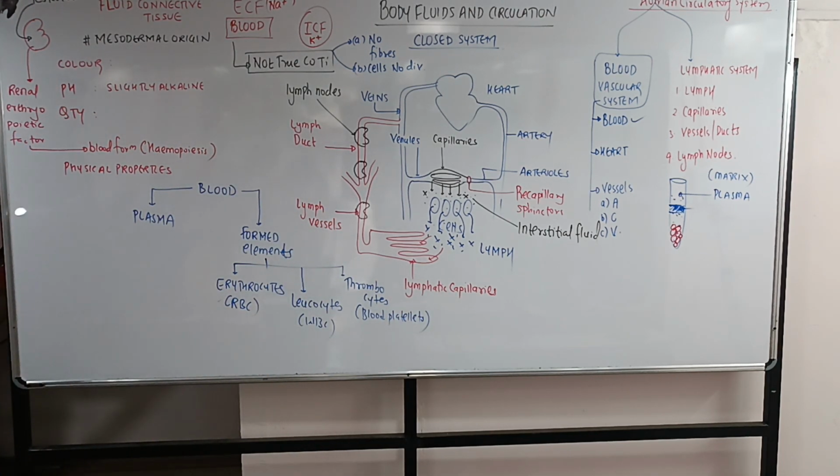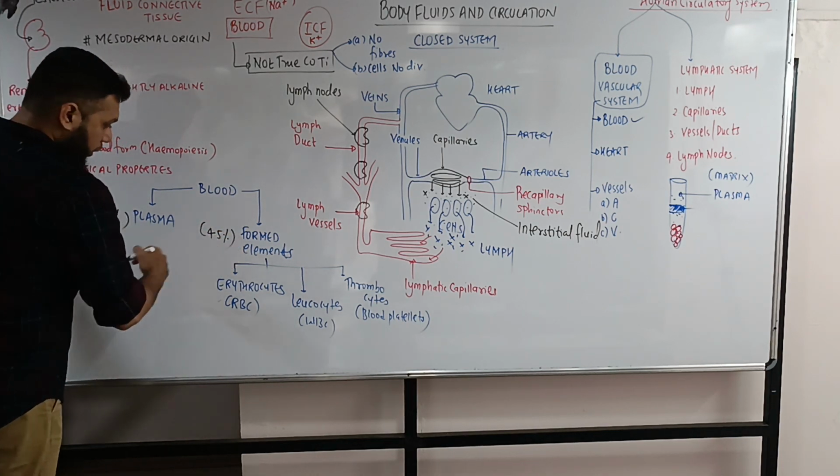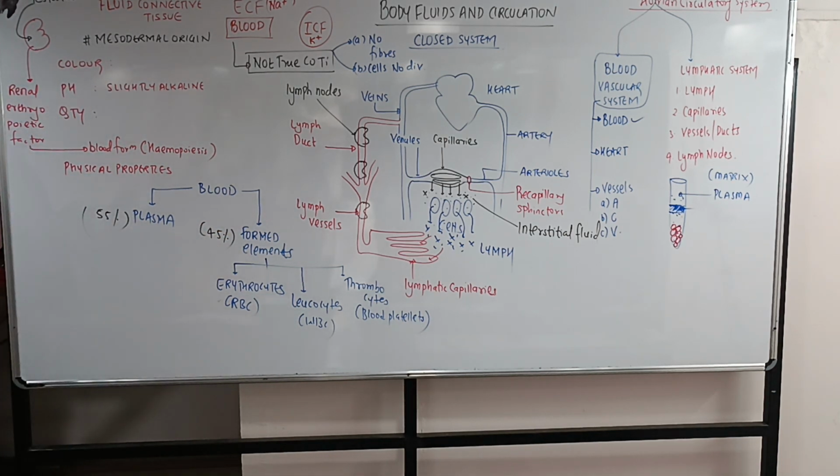Okay, 55% of your blood is plasma, and 45% of your blood is formed elements. Are we clear, everybody?